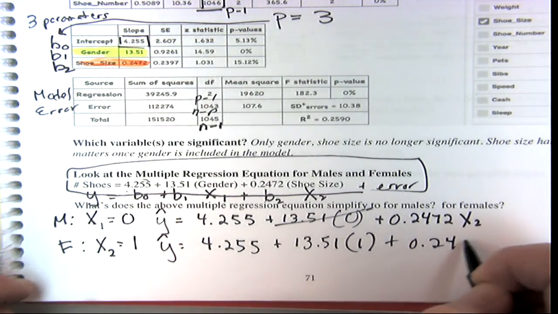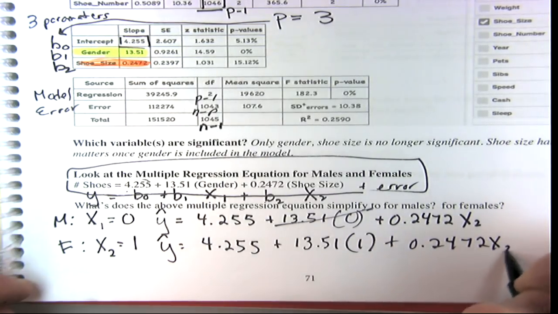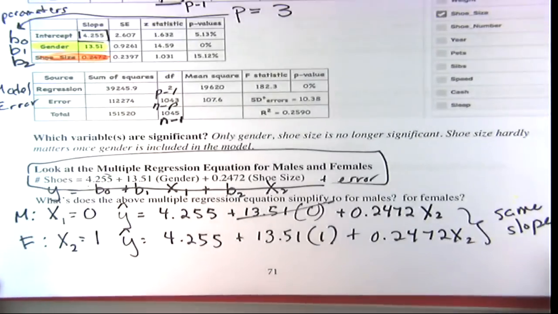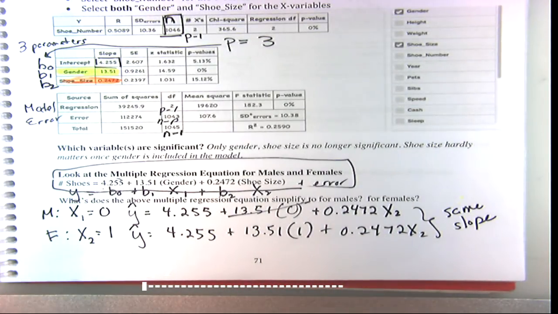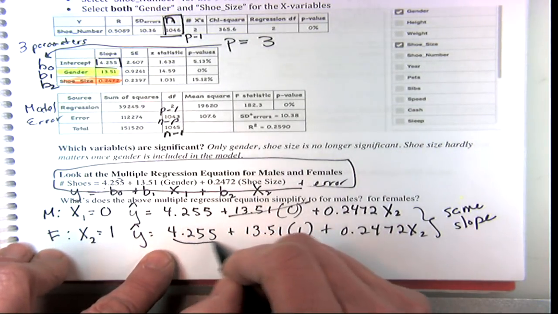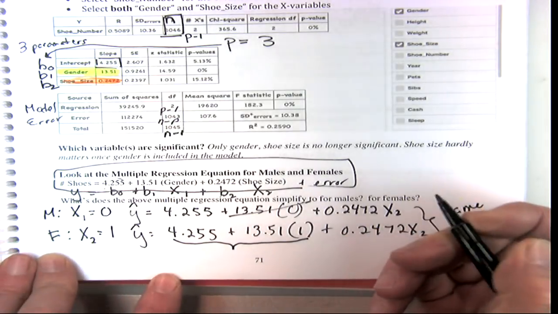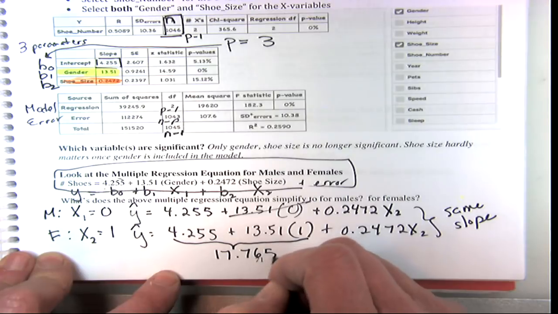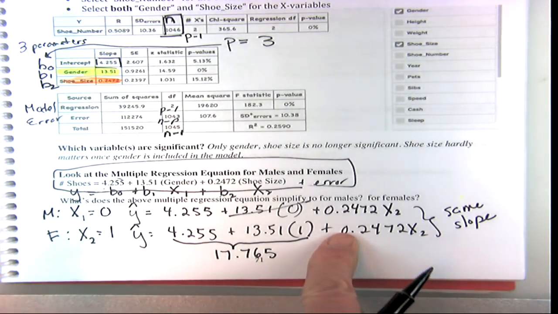So multiple regression forces both of them to have the same slope, even though they don't exactly have the same slope, but they're close to it. The same slope, and just different intercepts. This intercept for females is much bigger. It's 17.765. Okay?